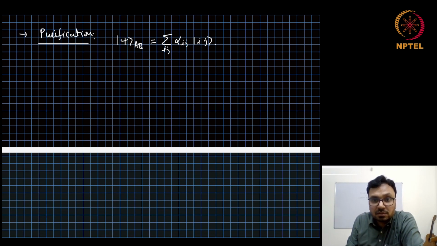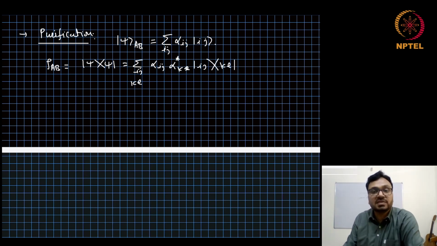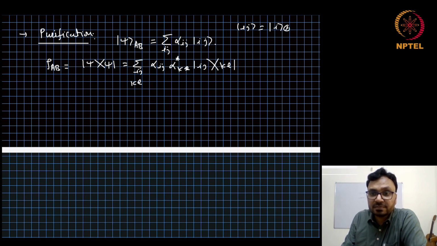Now, the density matrix corresponding to this 2 qubit system will be psi outer product psi AB. I'm just not writing AB, but just assume there's AB always here, and that will be the sum over i, j, k, l of alpha ij alpha star kl |ij><kl|. Let me remind you that |ij> is just |i> tensor |j>.